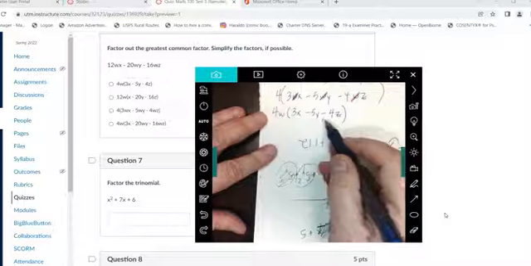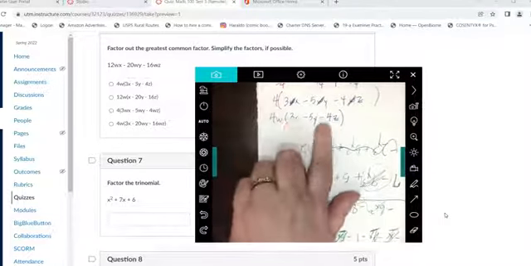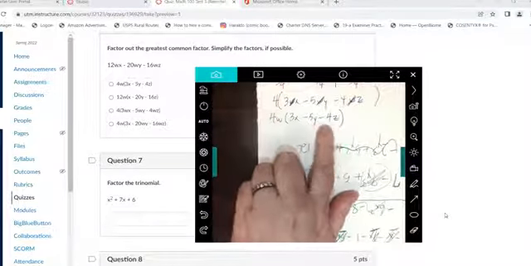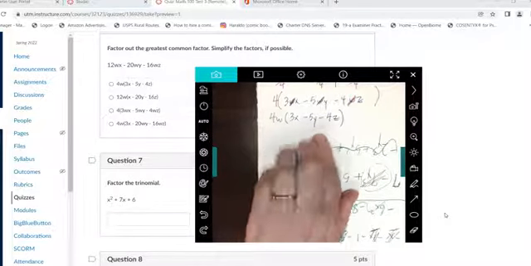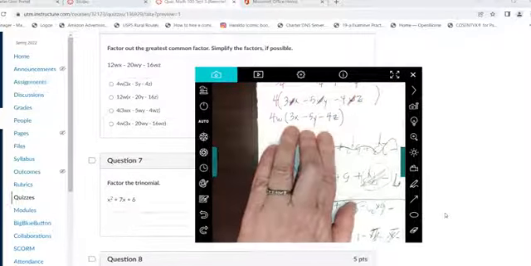Then with the terms that are left, it doesn't appear like I have anything else in common inside here. So that's as far as I can take it. So that's what I'm going to say my answer is. And so that's matching with that one there.